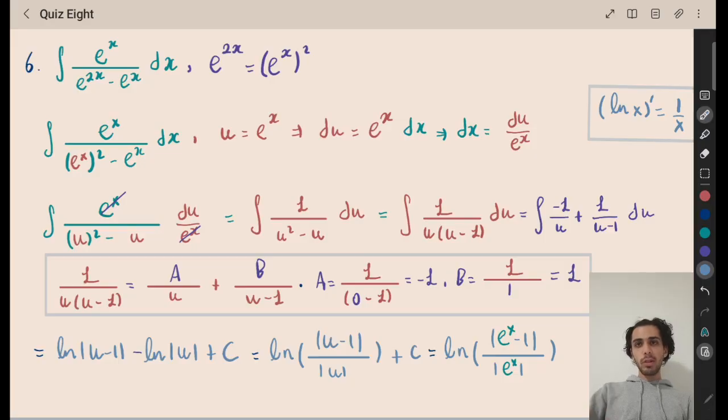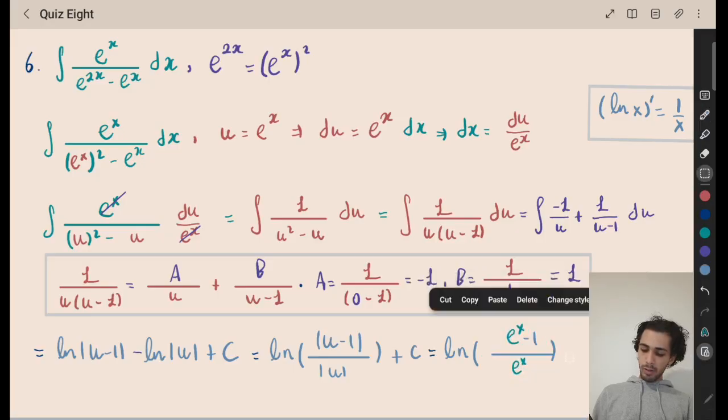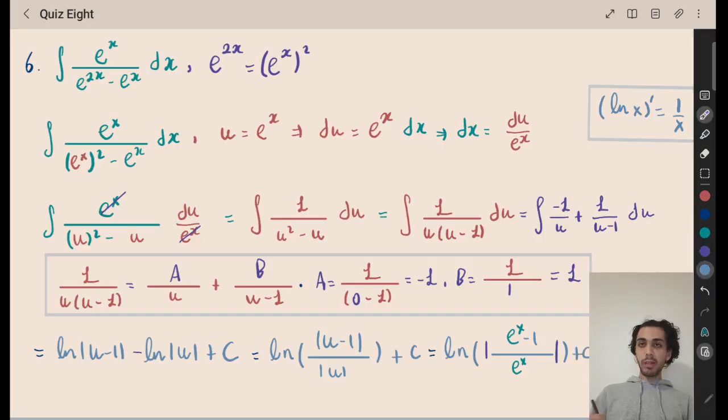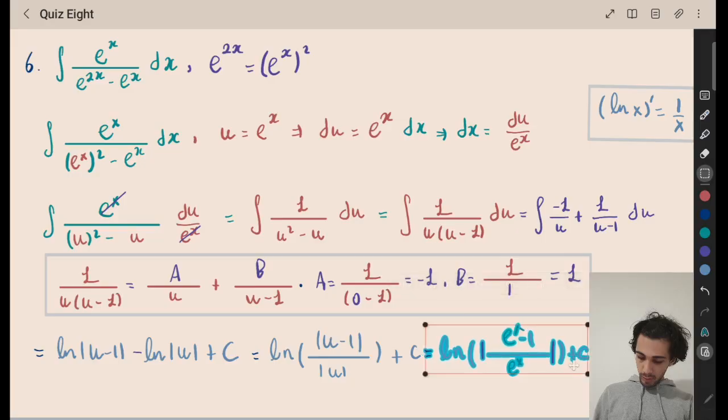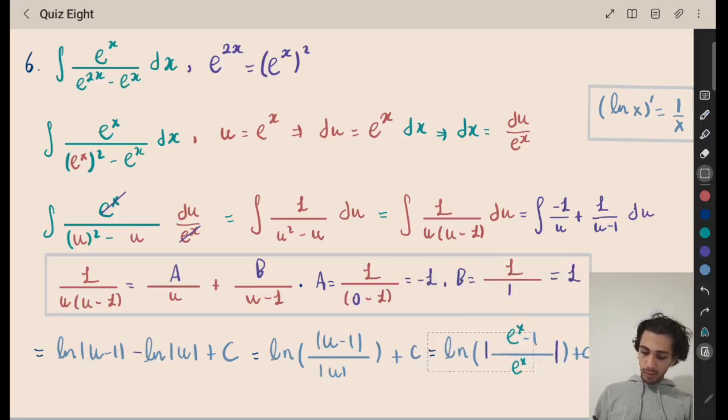In the denominator, I think it's fine, you don't need to include the absolute value. But it's fine. I just put the absolute value on the whole expression, because why not? And then I add my plus c to conclude the exercise. So this should be the answer for the exercise.